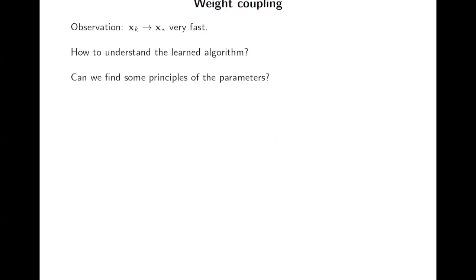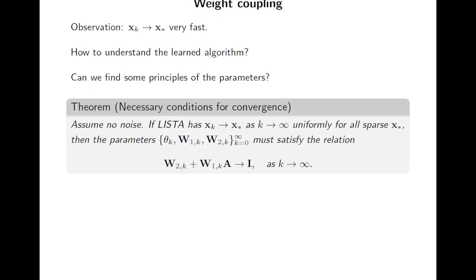We observe that the learning algorithm works pretty well, with very fast convergence. But how do we understand it? Can we get some principles from the learning parameters? If we can, it helps us understand the role of those parameters. We find that if we assume the LISTA framework is convergent, then the parameters are not free.